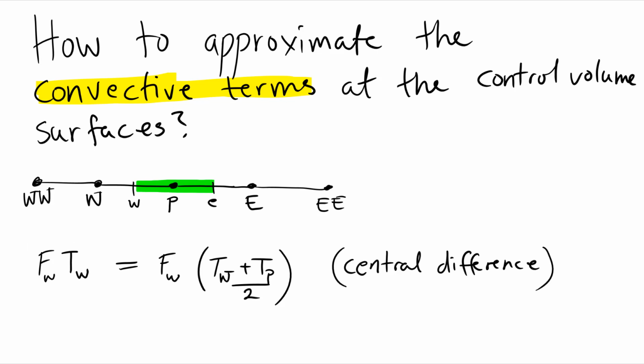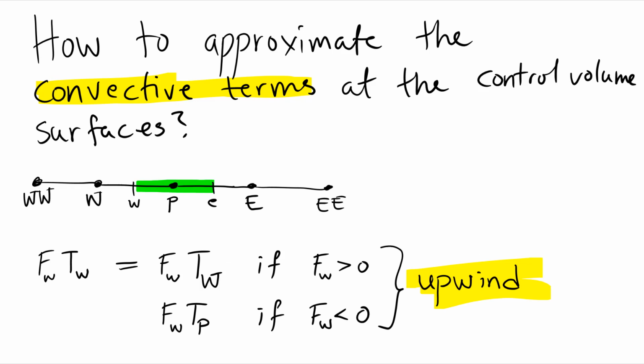Well, we can use a central difference as before. So this is similar to the treatment that we used for the diffusive terms previously. We can also use upwinding, and in upwinding we assume that there is a bias towards the upwind side of the flow. So whatever variable we have on the upwind side will prevail at the control volume surface.